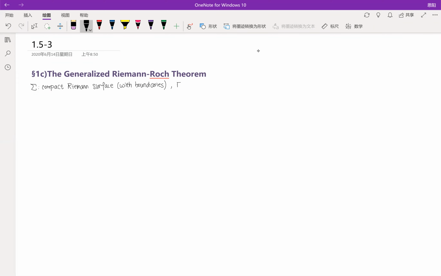And we let E be a complex vector bundle over sigma. And we assume it is smooth. And also we fix a complex structure or almost complex structure on sigma.